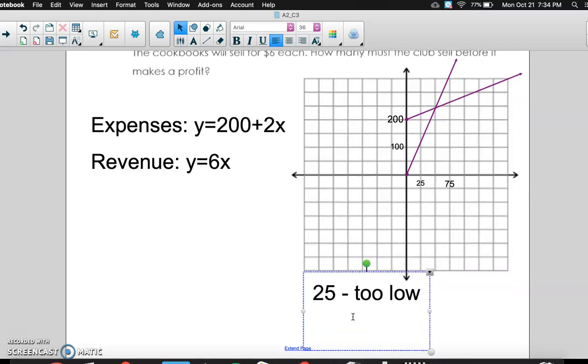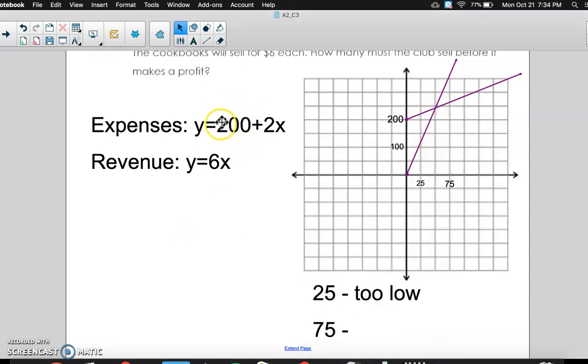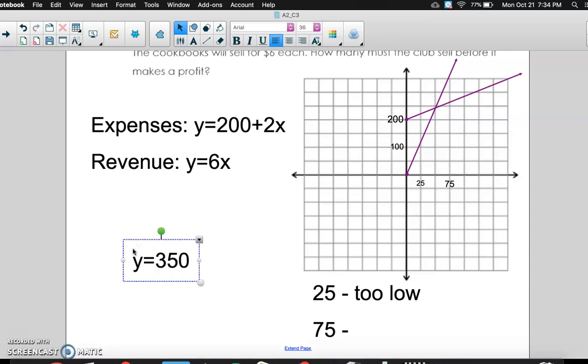Well, you could probably guess what the answer is because of how I've graphed it, but if you couldn't, I'm also going to plug in 75. When I do that, I get 150 plus 200. So for expenses, I get y equals 350.